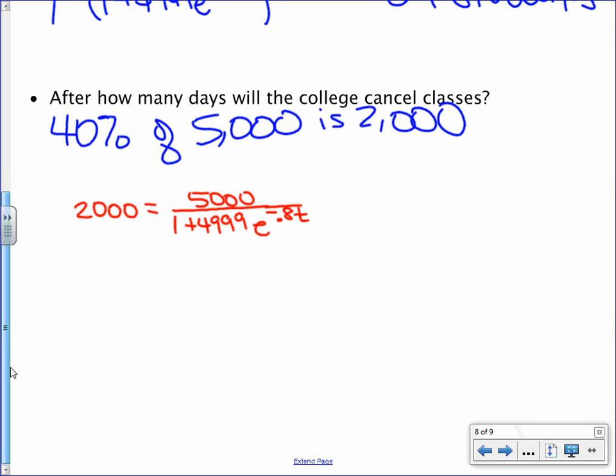All right, we need to solve for t, which means we need to isolate e to the negative 0.8 t. So what's our first move? Multiply that denominator over.